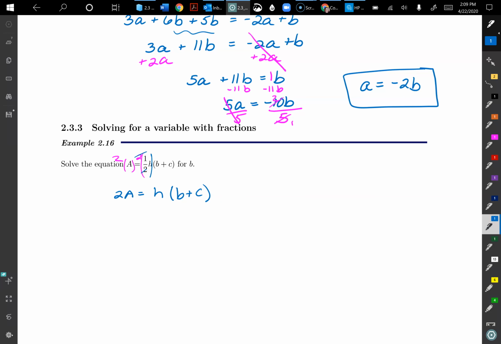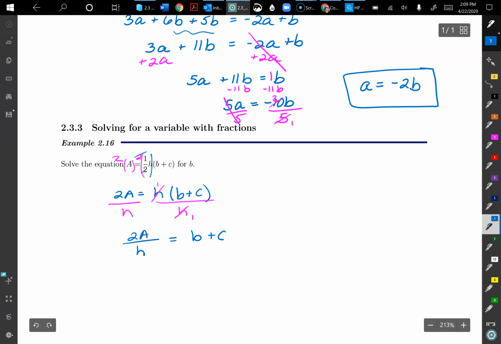Now I can either distribute this H to free up that B, but then that's going to be more work in the long run. I can get the H off there by dividing both sides by H. Then I'm left with 2A over H equals B plus C. And then, what am I solving for?